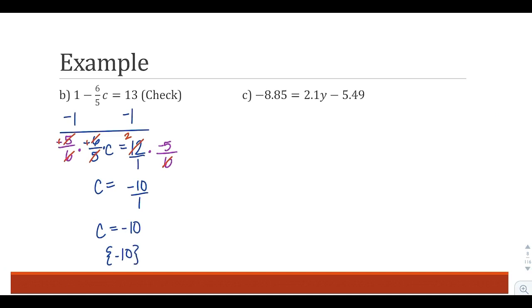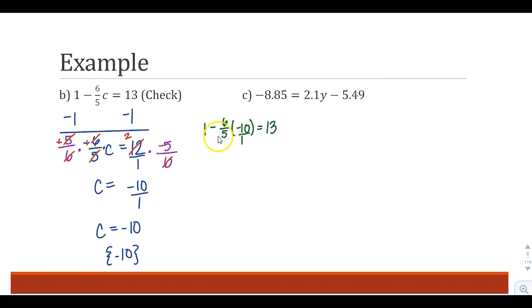And I should check my work as indicated here. Now I can always check my work, but this is specifically telling me to. So if I check my answer, 1 minus 6 over 5 times negative 10, does that equal 13? So here we would recognize that I can rewrite this as negative 10 over 1.